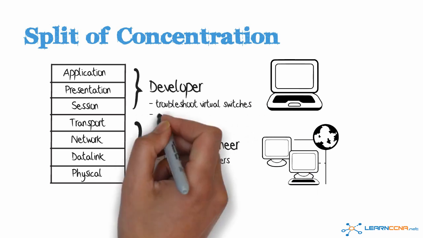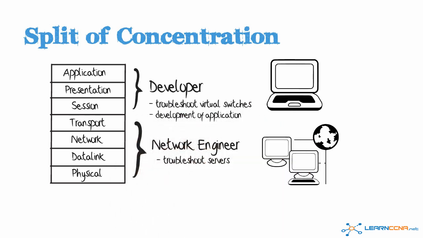But traditionally, developers focused on the development of applications, such as Firefox or Chrome, which resides at the application layer. Developers would need to understand how to present data in specific formats. Server administrators would have to understand operating systems and how they manage sessions and interact with applications, and thus they tended to concentrate their effort on the top 3 layers.